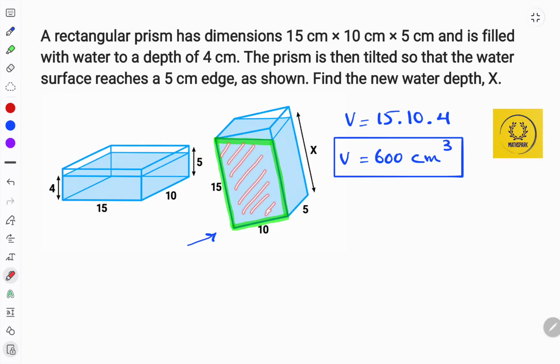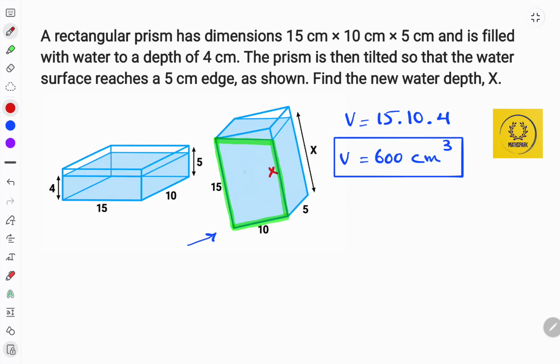We can consider this front face the base of this prism, and we know that this trapezoid has two parallel sides. The first one is 15 and the second one is this side, which is called x.